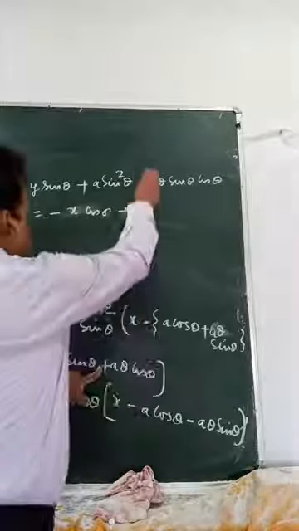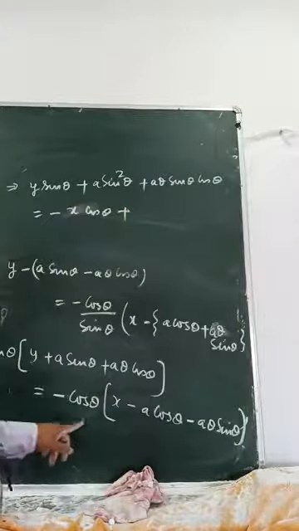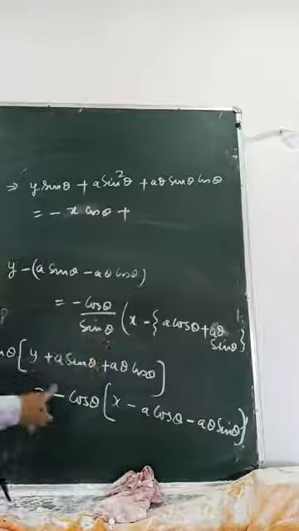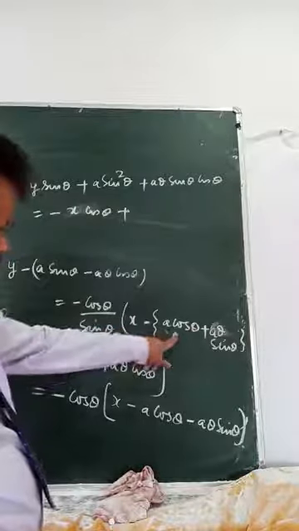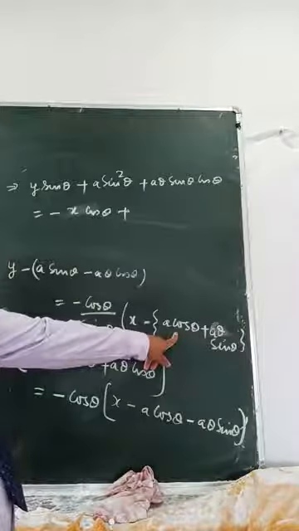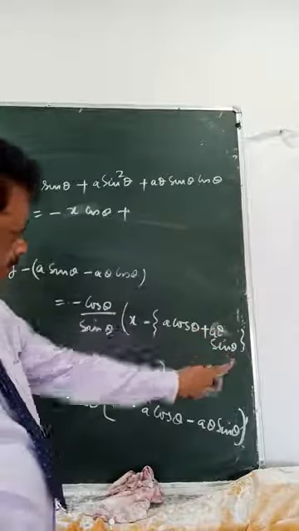This is plus. Okay. Then here is minus cos theta times x minus x1, a cos theta plus a theta sin theta.